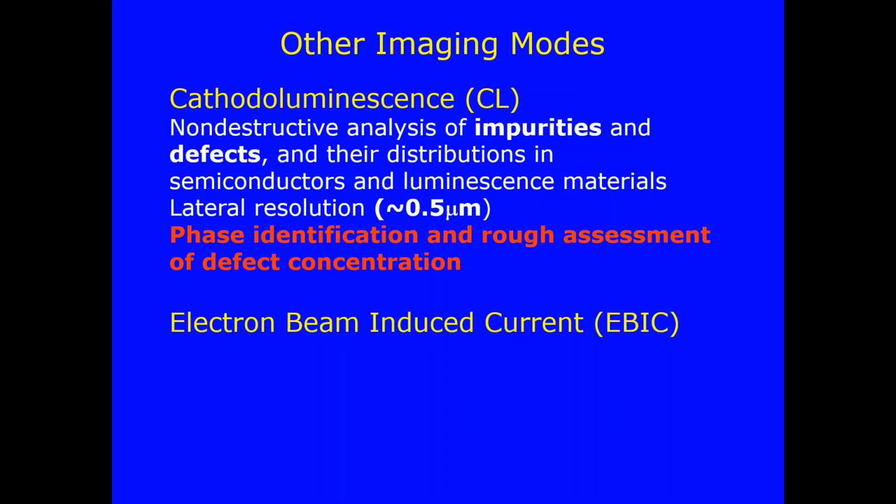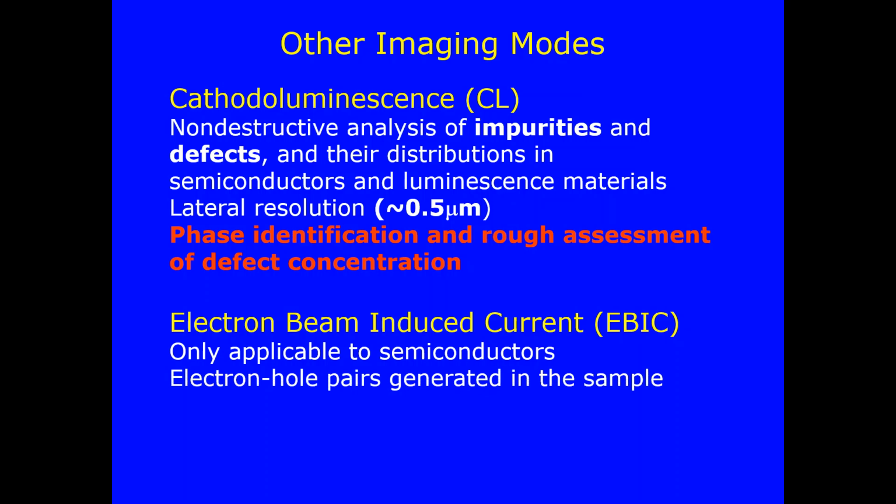Another very popular feature is called electron beam induced current, which in short we call EBIC. So what is the use of that? This feature is only applicable to semiconductors. In a semiconductor we have electron-hole pairs, which are generated in the sample when we apply this technique.